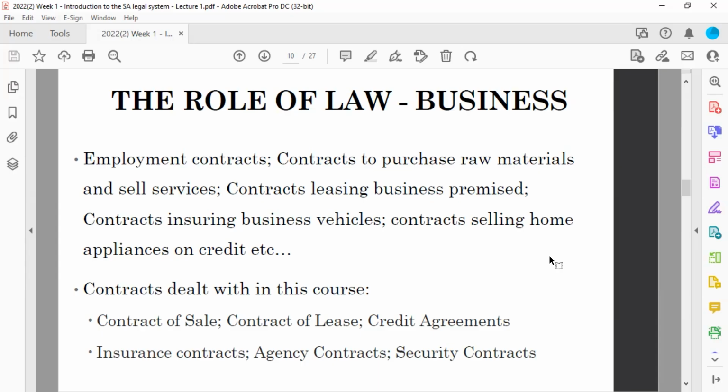Where a business insures its business vehicles, there are laws and rules pertaining to that. So really, the law is in all kinds of business activities, in all kinds of commercial activities. You will find some aspect of the law there to regulate that.